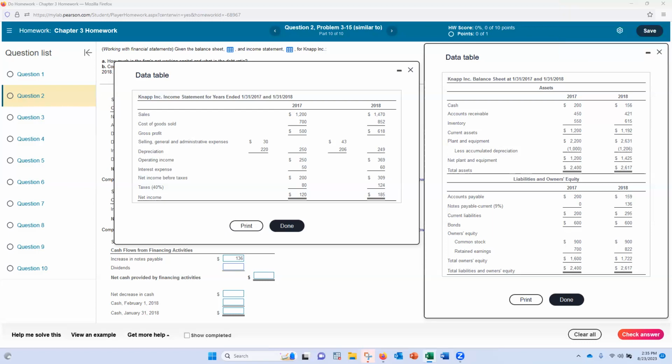Dividends over income. They come out of net income or retained earnings. Yes. So we would pay it out of our net income to start. If you recall, our net income was 185. While our net income was 185, we only saw an increase in retained earnings of 122.